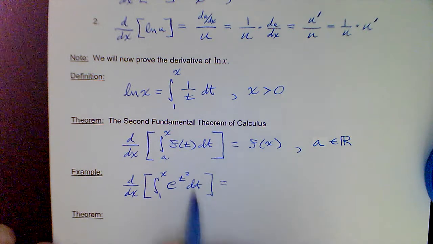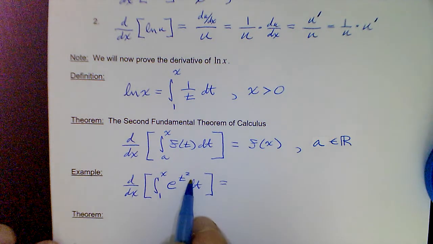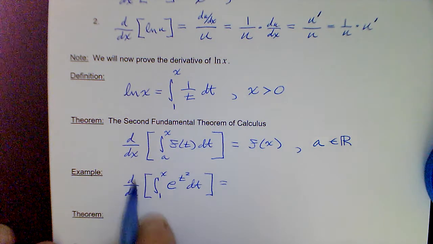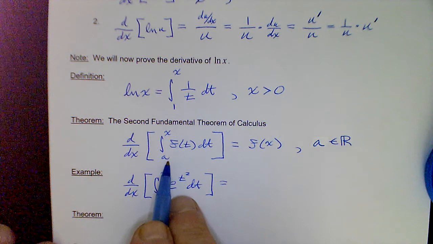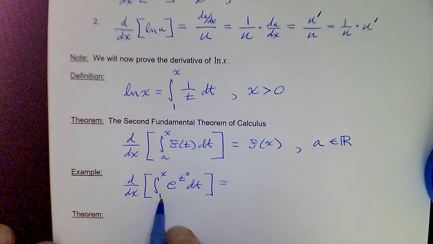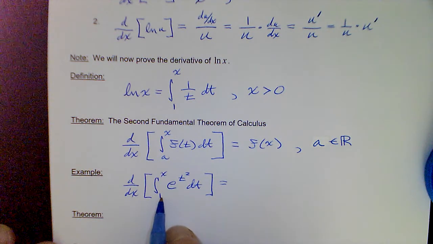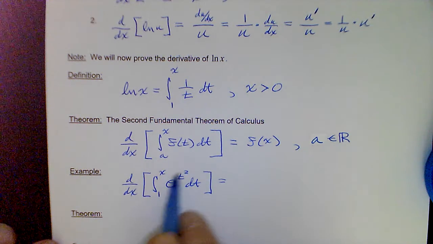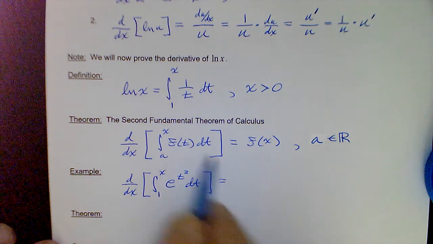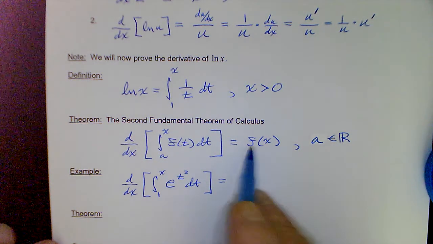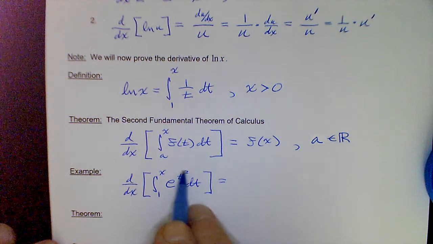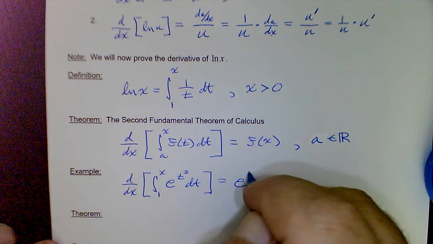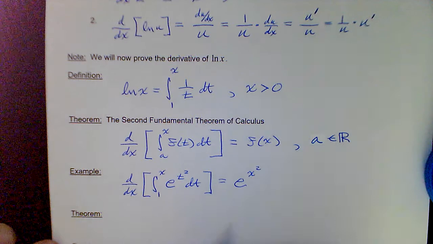See, the idea is that the function f of t is this e to the t squared, and everything else matches. You've got the derivative with respect to x out in front. A is your lower limit of integration, which is a real number. It's 1. It could have been 2, 3, some other number. But the x has to be the upper limit of integration. Then here's our function of t, the differential dt. Everything matches. The result is f of x. If f of t is e to the t squared, we're just replacing the t by x. So that becomes e to the x squared.